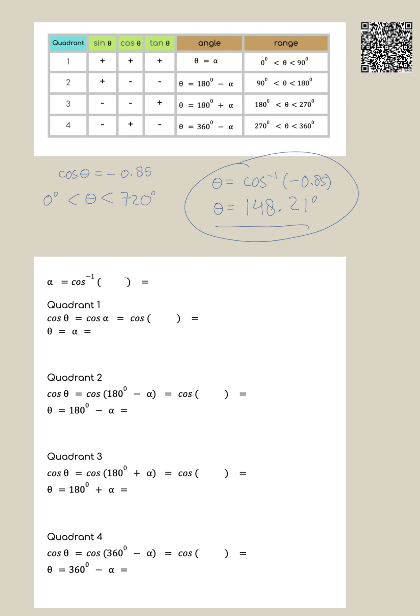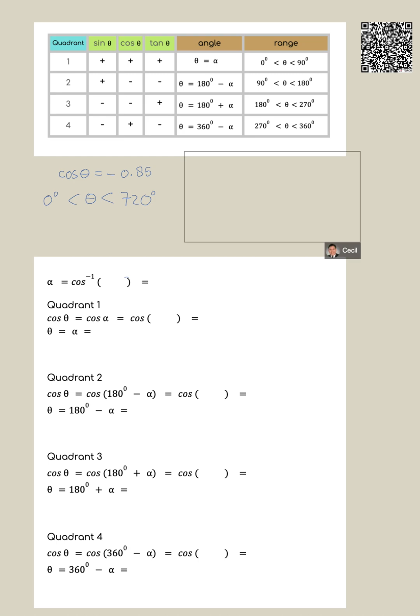Yes, we can use this table. This is the table I prepared for my students, and it helps them. They can easily understand how to solve this question using this table. To use this table, we see that the sign of cosine is negative, so we find negative here.